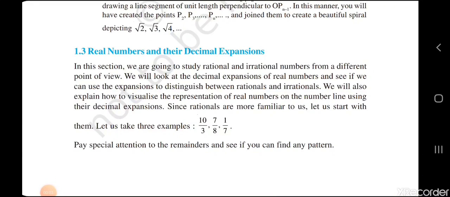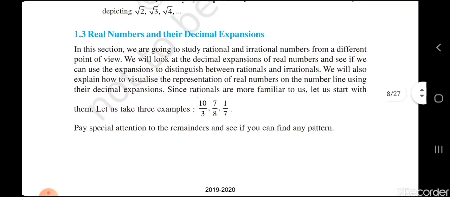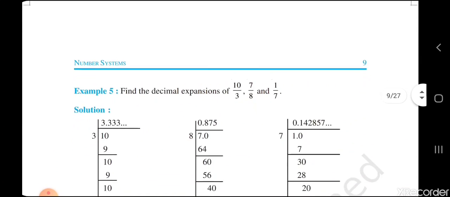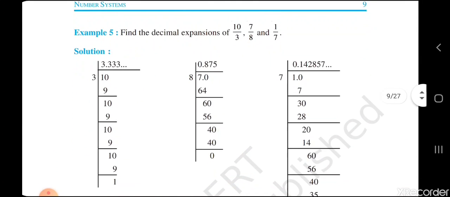Hello, good morning students. In the last lecture, we learned about real numbers and their decimal expansions. We found the decimal expansions of rational numbers such as 10 upon 3, 7 upon 8 and 1 upon 7.